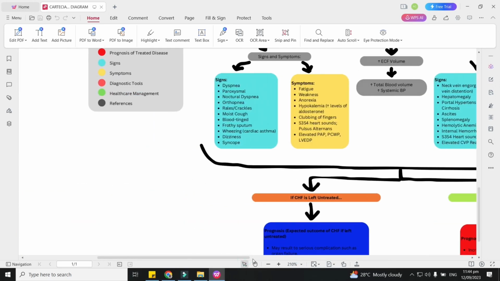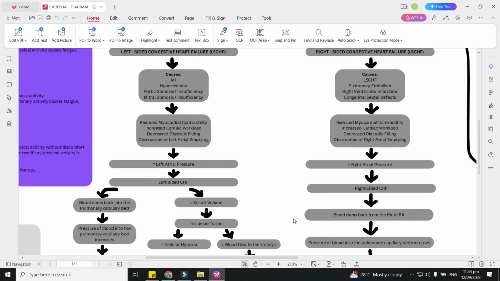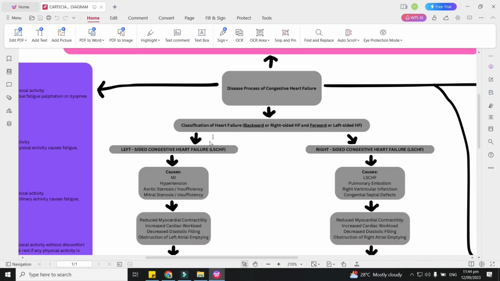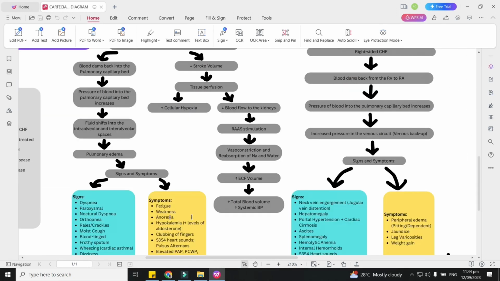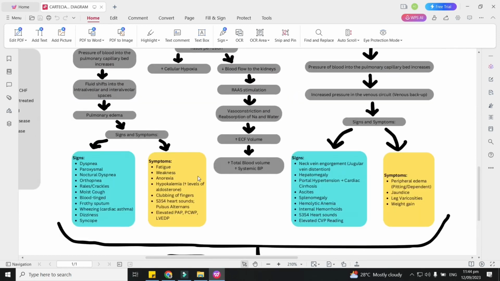According to his book, specifically from the classification down to the signs and symptoms, it's in his book.